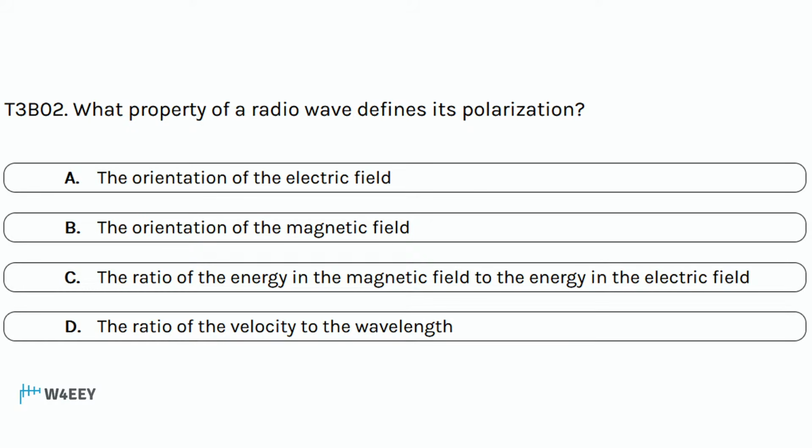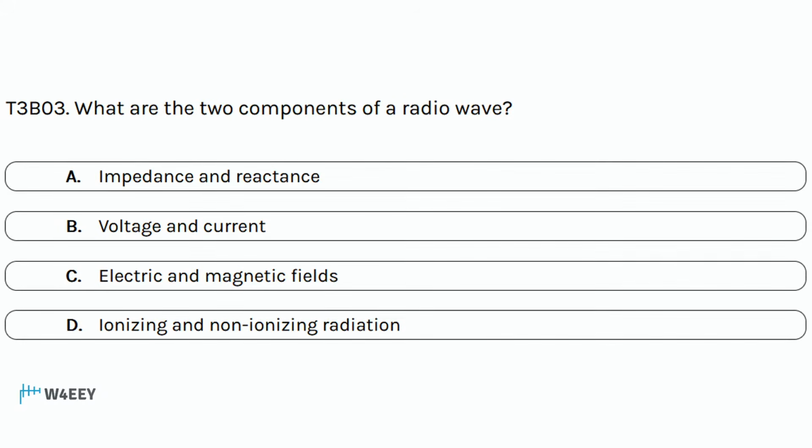Alpha. The electric field. And what are the two components of a radio wave? Charlie. C. Yep, the electric and the magnetic fields together make an electromagnetic wave.